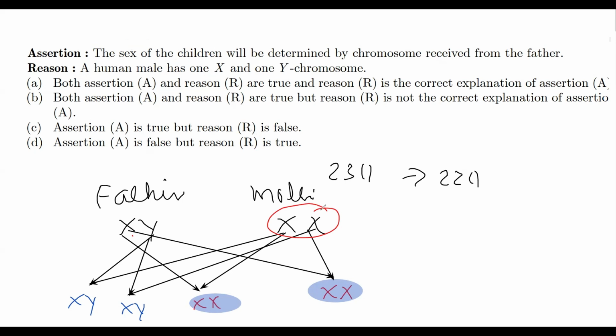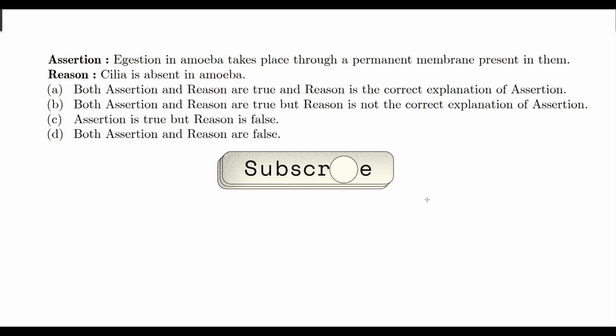The sex of the child is ultimately determined by the father. If the father passes on the X chromosome, the child born will be a girl, and if the father passes on the Y chromosome, then it will be a boy. That's why we say this is correct, and the reason here is the correct explanation.